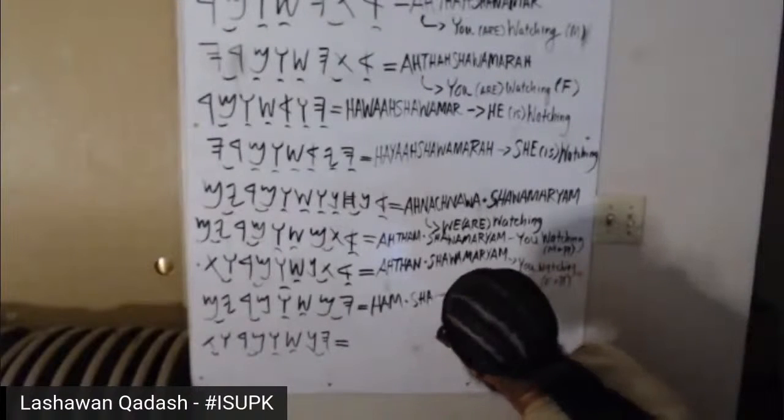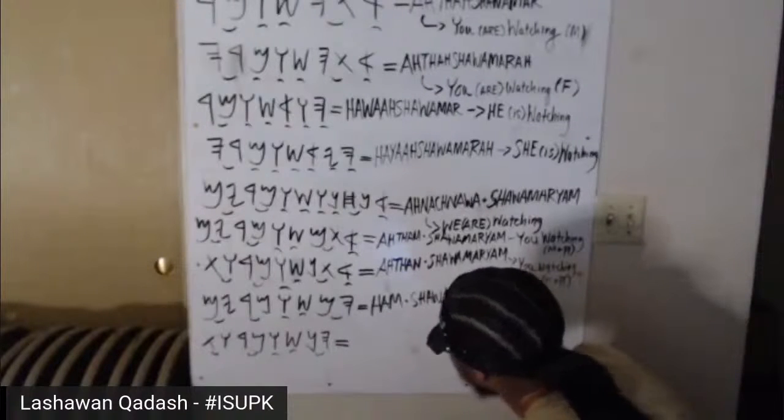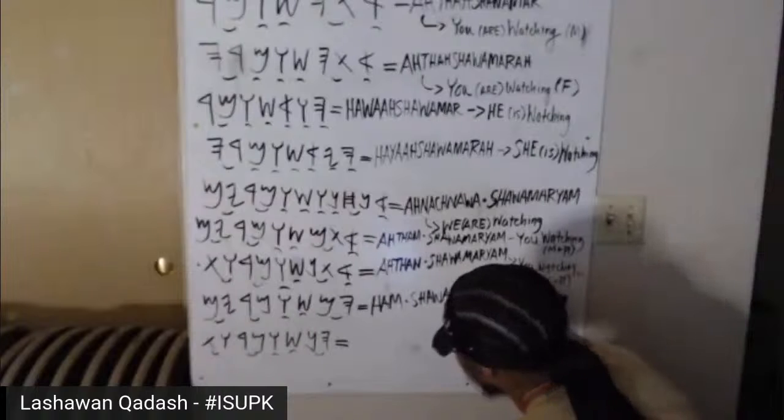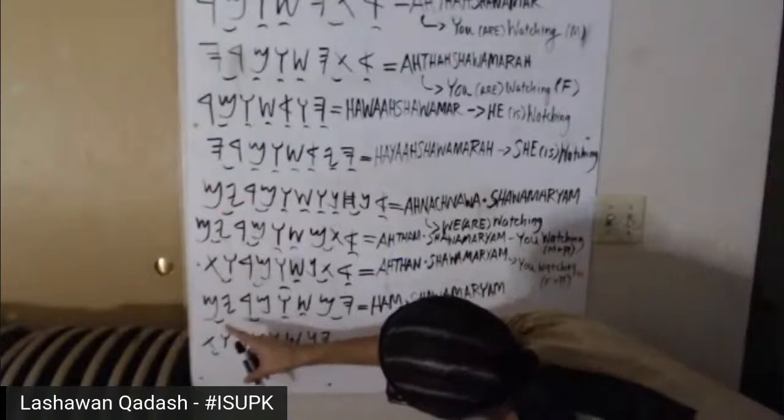You got the sha, the wa, you got the ma connected to the ra, it's going to be mar, and then you have the ya and the ma connected together.